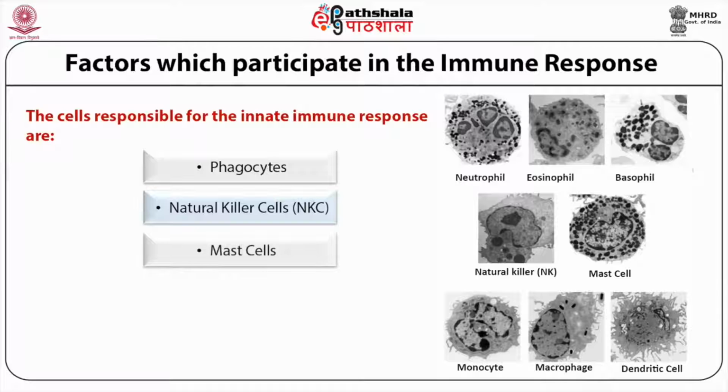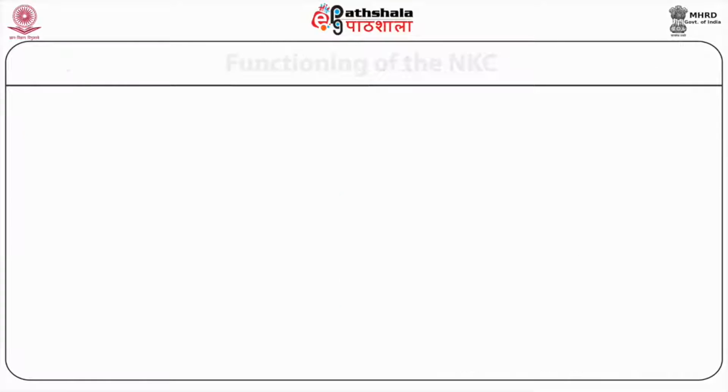Then there are mast cells, and finally there are dendritic cells. In other subsequent lectures, we will have an occasion to describe these cells in a greater detail. However, in this module, we will briefly look at the functioning of the various cells.